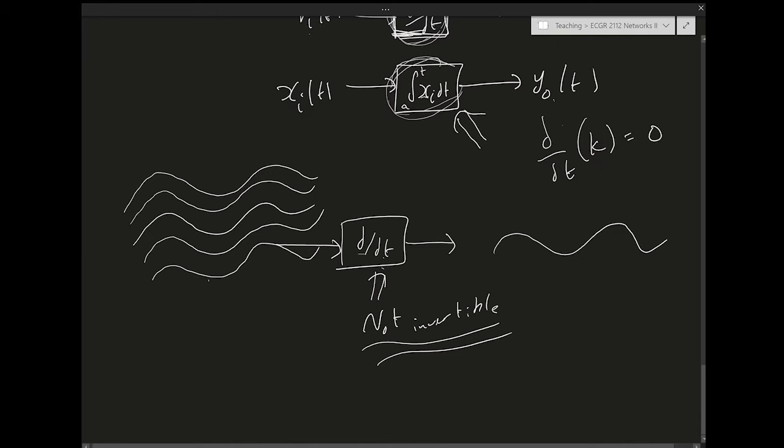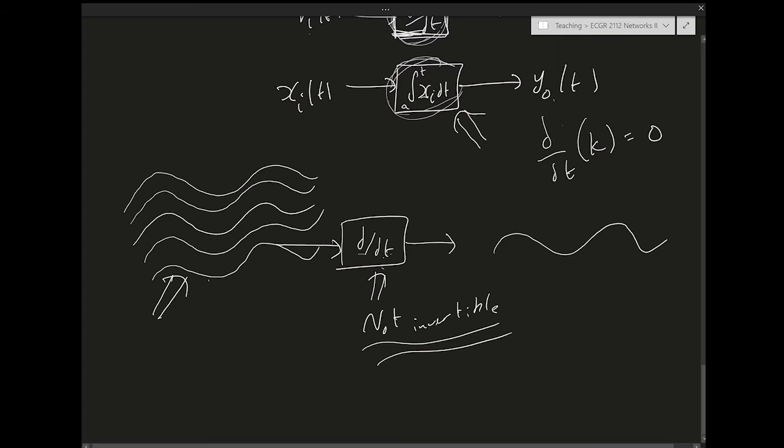There is always an ambiguous term: we don't know what offset level the input had before we applied the differentiation, right? And we need that. For us to apply the Laplace transform properly and figure out the input from the output and the output from the input, we need all our operations to be invertible.